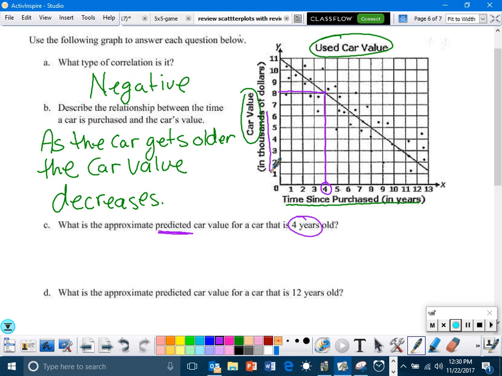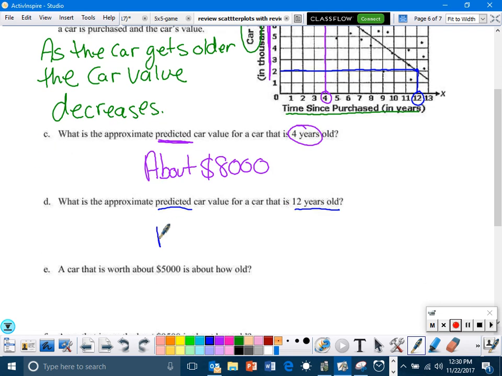Now, ladies and gentlemen, you'll notice it says in thousands of dollars, so we're going to say about $8,000. What is the approximate predicted value of a car that is 12 years old? Go to 12, go up, and across, and that's easy, that's about $2,000.